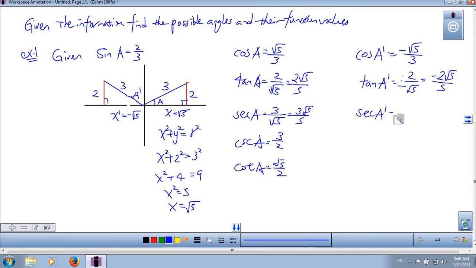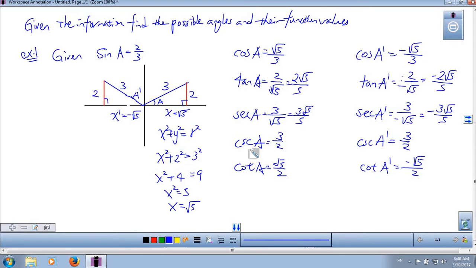Secant A prime will also be negative. It will be 3 divided by negative square root of 5, so it's negative 3 square root of 5 over 5. Cosecant A prime will be 3 halves, the same, because it doesn't involve the x coordinate. And cotangent A prime will be negative square root of 5 divided by 2.